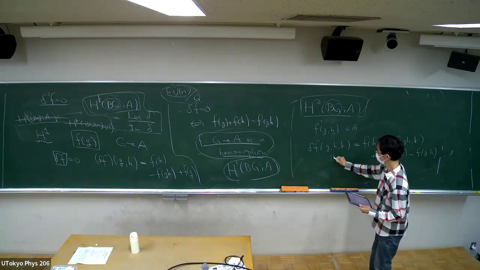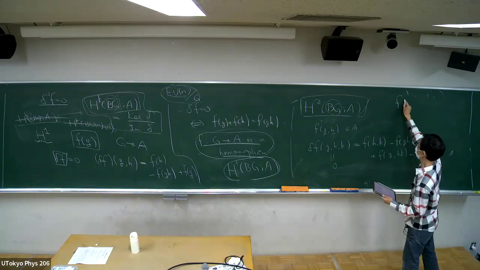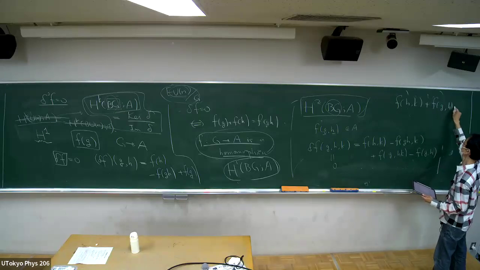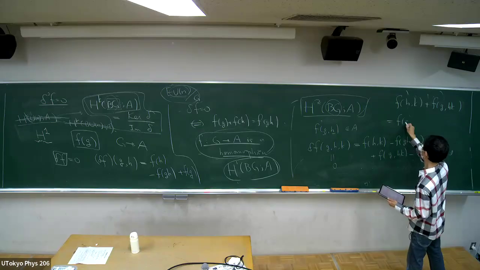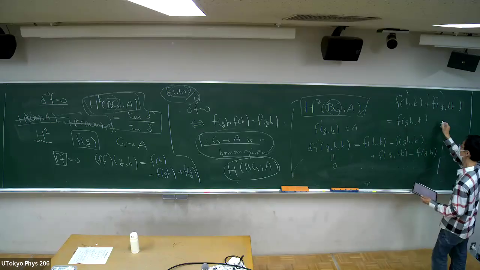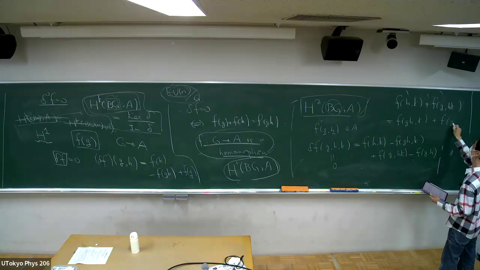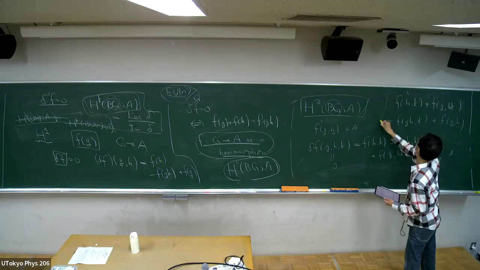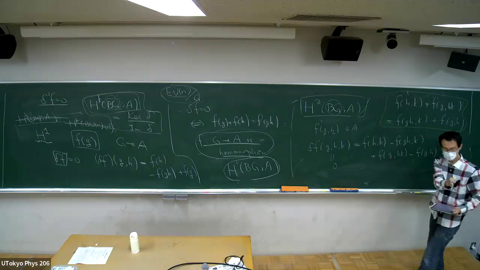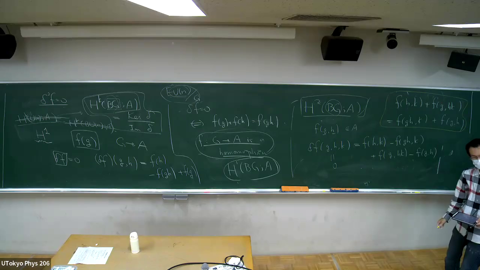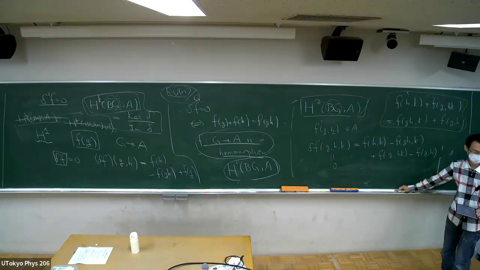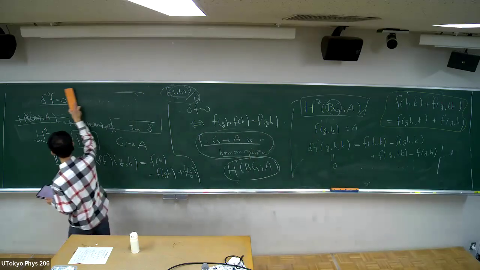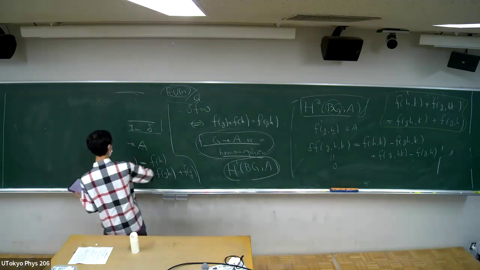So demanding that this is 0 means that F(h,k) plus F(g,hk) is equal to F(gh,k) plus F(g,h). So this is a weird condition. But you have encountered this before, first in elementary school, but then in the quantum mechanics class. So let me explain why that's the case.